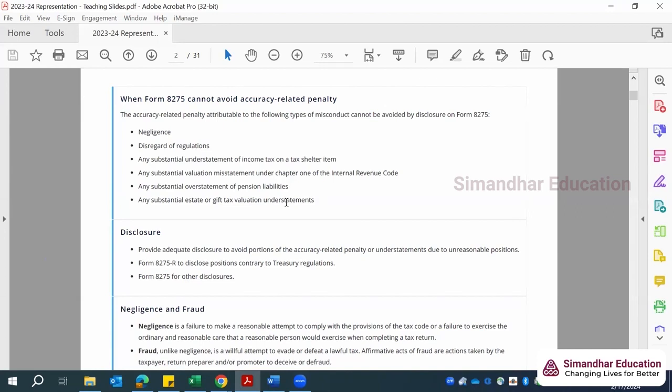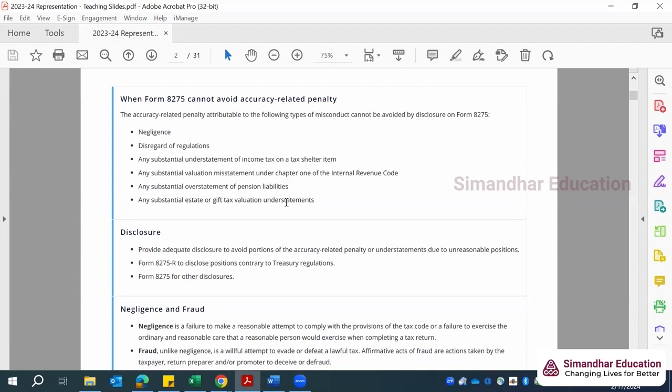Now, you can actually go with the literal English meaning of these words. What do we mean by disregard for regulations? What is regulations? The law, the rules, absolutely.